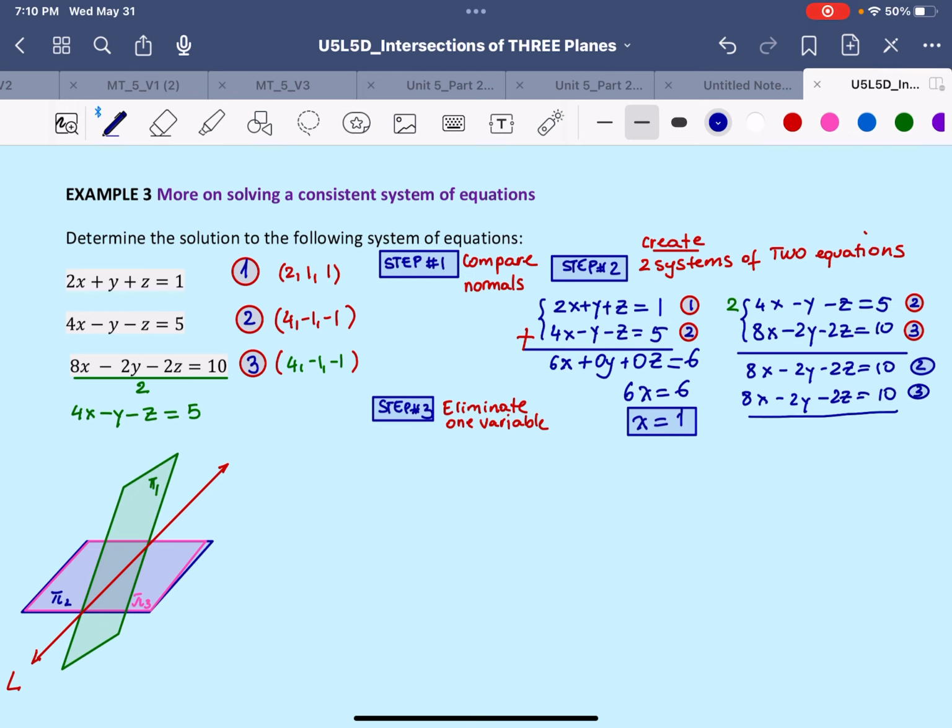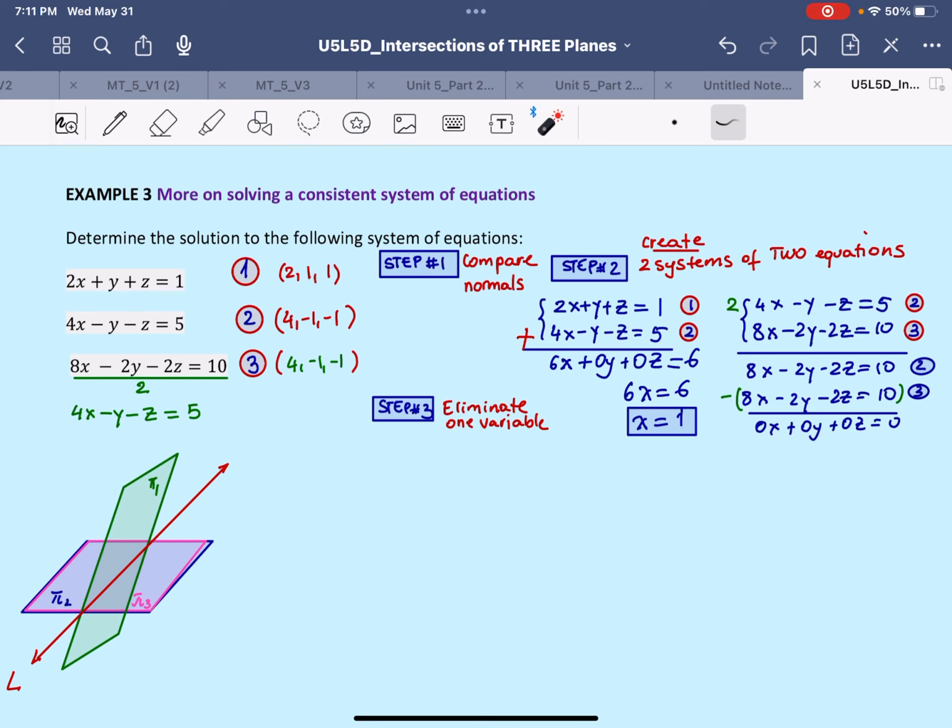So if we were to subtract these two from one another, then we will get 0x, 0y, 0z equals 0. So this is true for any real value of x, y, and z. So we're going to say that any value of x or y or z can satisfy this equation.